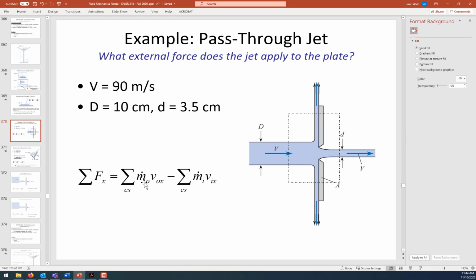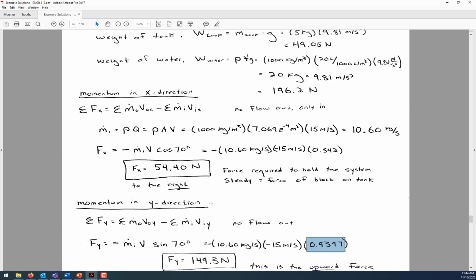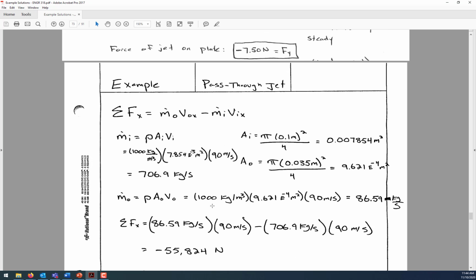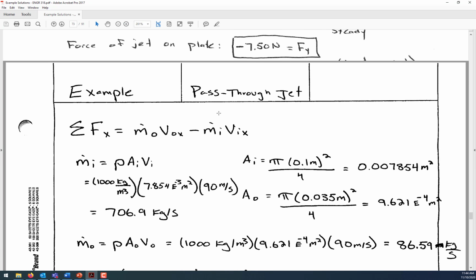So the mass flow rate out is going to be less than the mass flow rate in. David already correctly identified that the mass flow rate in is 706.9 kilograms per second. Let me show you the calculations that lead to that. If you're ever stuck on problems like this, if you're given a diameter, chances are you're going to need a cross-sectional area.